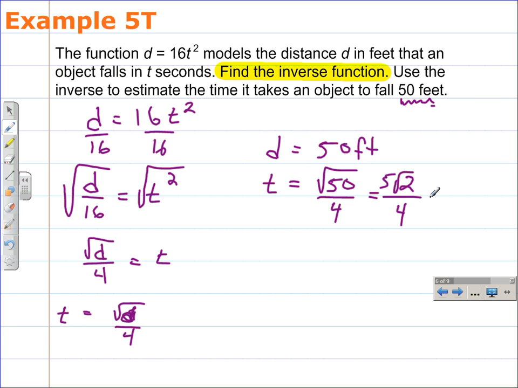So you can run that in your calculator to get an exact number. 5 times the square root of 2 divided by 4 gives you approximately 1.8 seconds. It appears to be an irrational number on the calculator, so we'll just round that to 1/10 of a second.